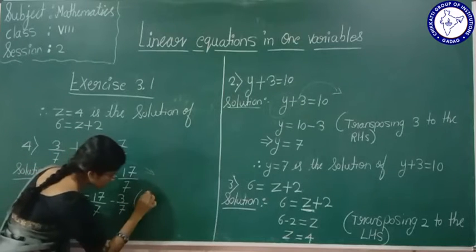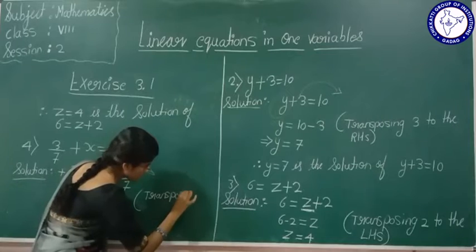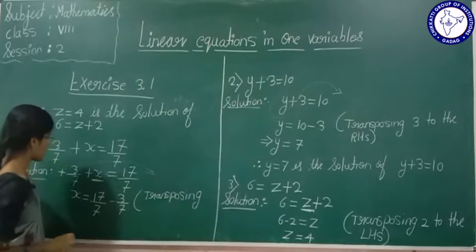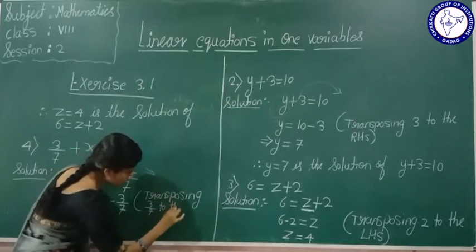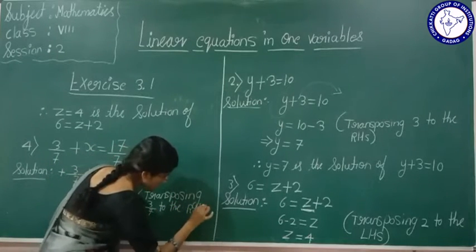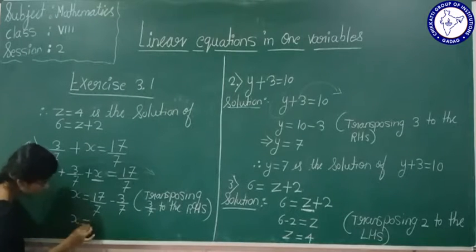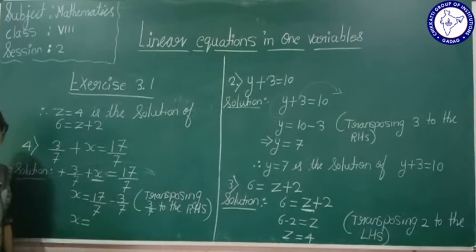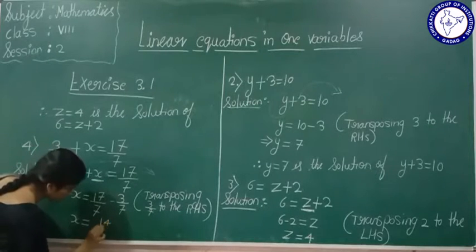What is the reason you are going to write here? Transposing 3 by 7 to the RHS. This will become x is equal to 17 minus 3 by 7, which is 14 by 7.